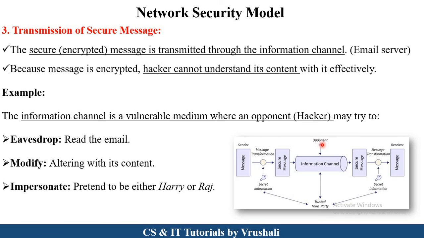Then there are modifications, where some hackers want to modify the mail. So these are the different opponents. That's why the message is converted into an encrypted, unreadable format, which is not easy for a hacker to break. Now, the information channel sends this secured message to the receiver. Clear?